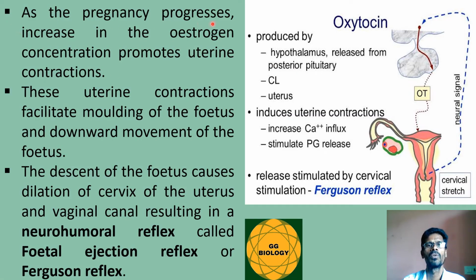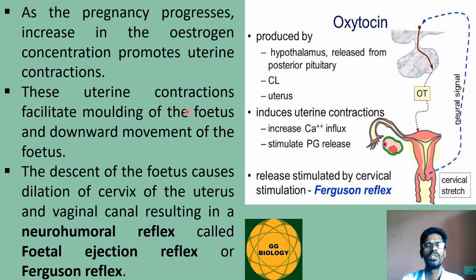As the pregnancy progresses, the increase in the estrogen concentration promotes the uterine contractions. So once pregnancy is progressing, the estrogen concentration also increases, and this increase of estrogen also causes the uterus to contract. These uterine contractions facilitate molding of the fetus and downward movement of the fetus.